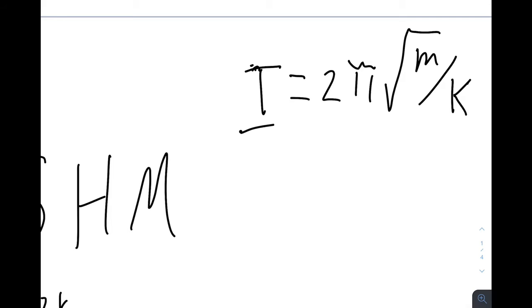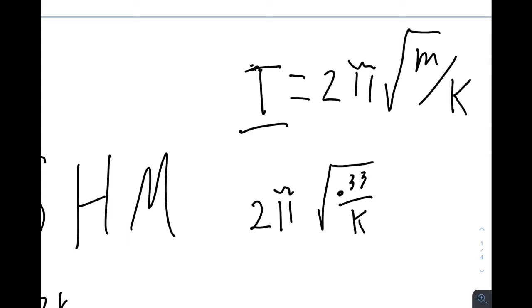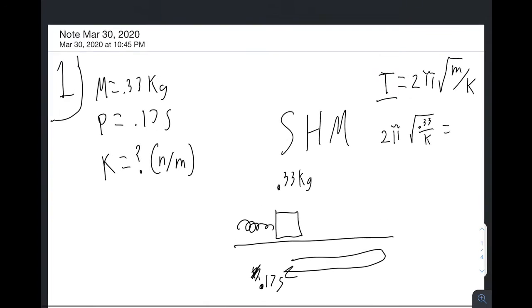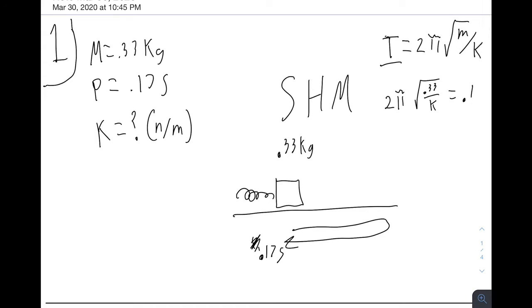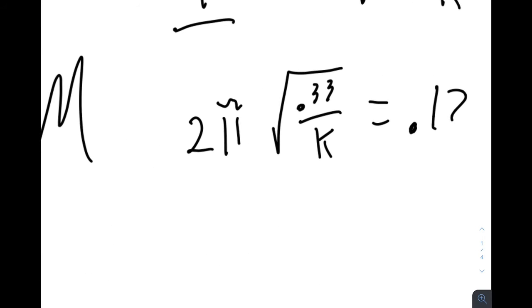A useful equation to know is that the time in seconds of a period is equal to 2 pi square root m over k. So if we have 2 pi square root the mass of the block over the k value is equal to our period, 0.17.